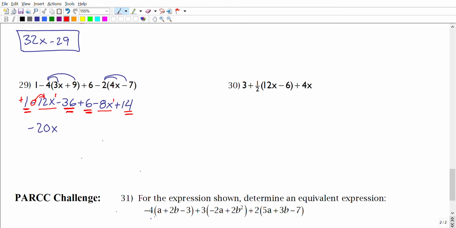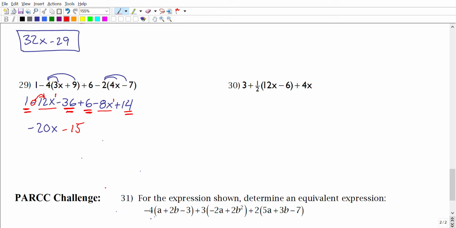If we wanted it to be negative, we would have put a negative in front of the 1, but we didn't, so we know that it's a positive. So it's a positive 1 minus 36, that's -35. -35 plus 6, that's -29. And finally, -29 plus 14, that is a -15.